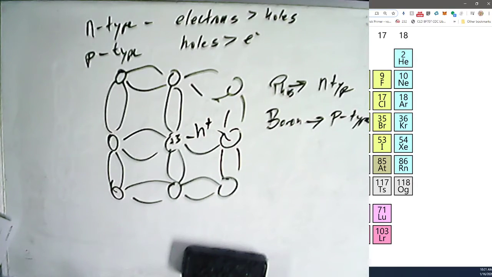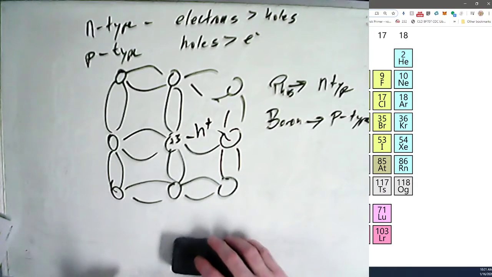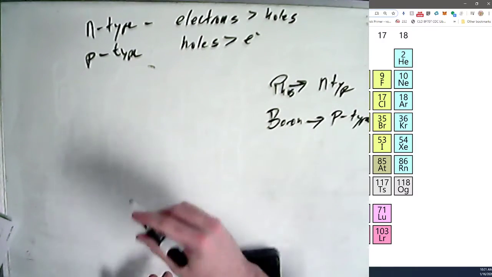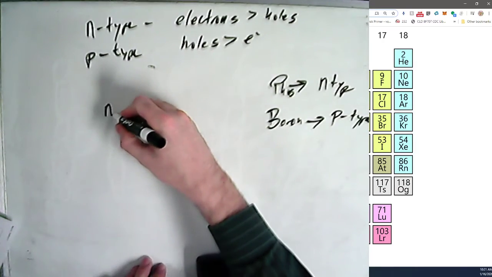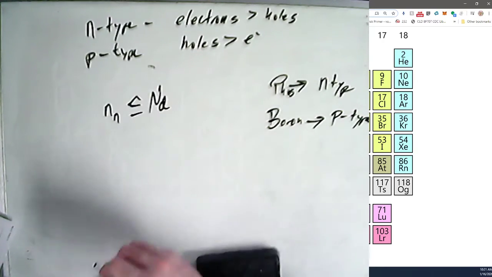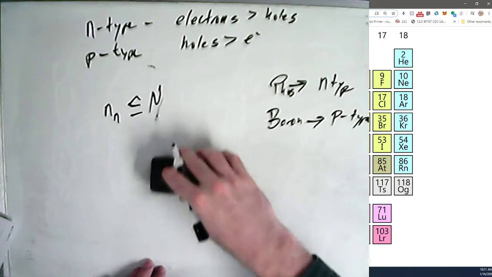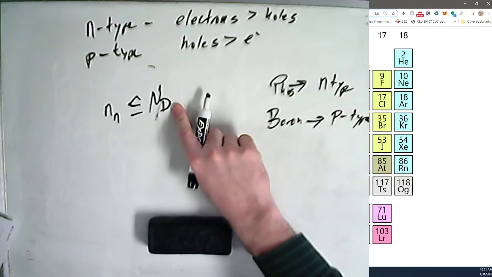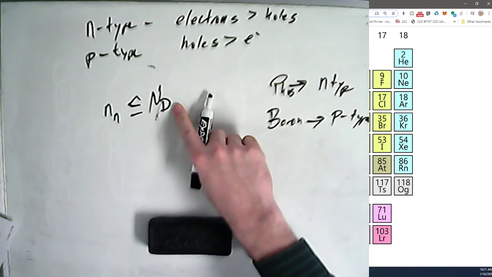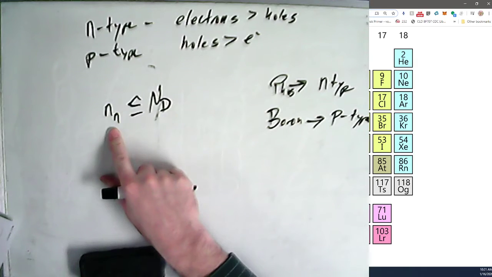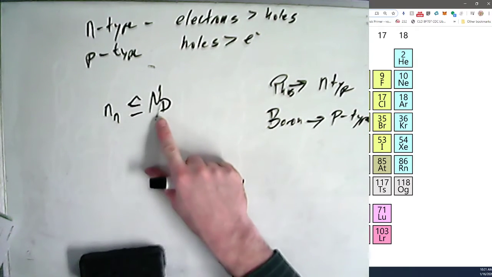And so if we have N-type, which means we have extra electrons, it's negative, remember. So we say N sub N is approximately equal to N sub D, where they use capital D for the subscript. This is the number of donor atoms. What they're saying is when we dope it, approximately the number of spare electrons in there is approximately equal to the number of donor atoms.